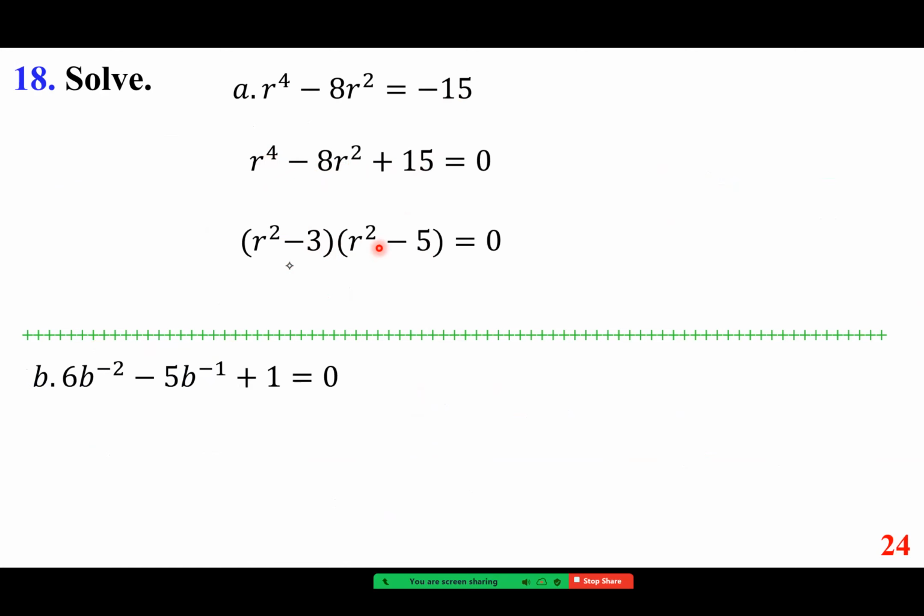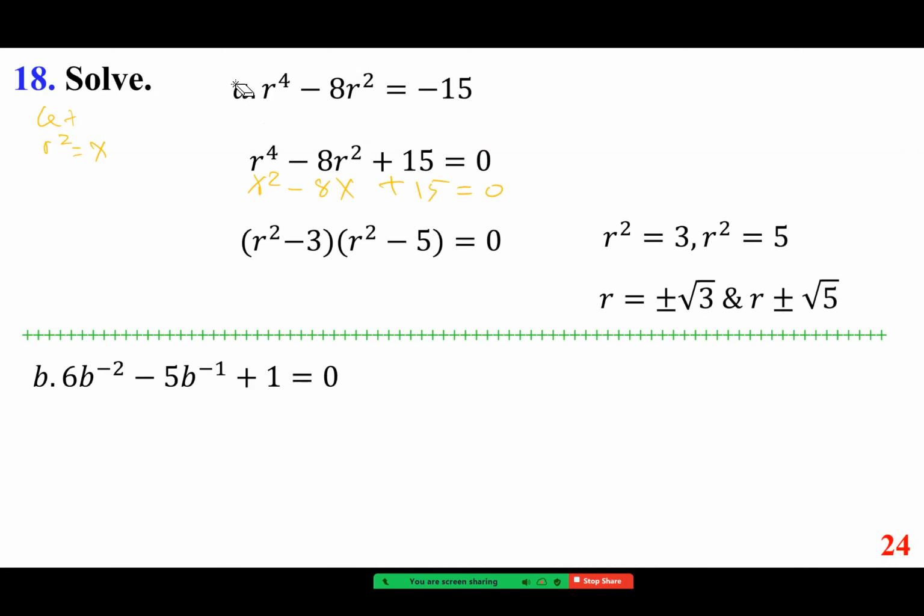Or if you want to do it by substitution, you can let r squared be, for example, x, then this becomes x squared minus 8x plus 15 equal to 0 and factor. But you can do it just the way it is, and r squared is 3 or 5, and that means r is plus minus square root of 3 plus minus square root of 5.